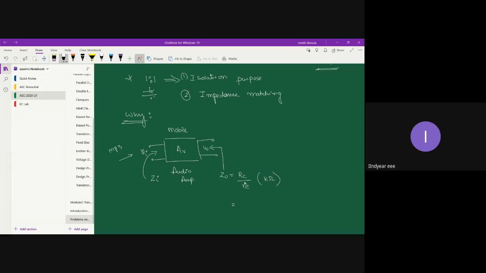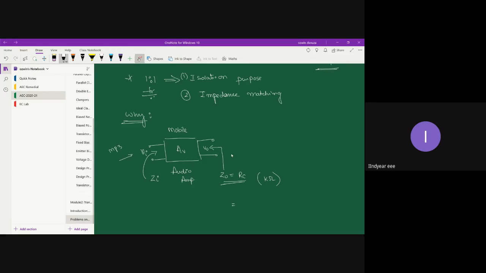Sorry, this is voltage gain, right? I'm so sorry. I shouldn't take Z0. Z0 is normally, say, RC. Say if Z0 is RC, it is in kilo ohms.